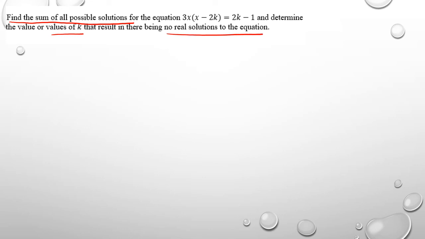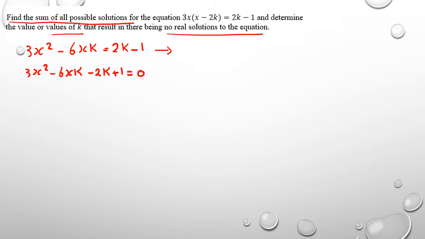Now the first one is finding the sum of all solutions, and obviously we'll have to expand first. So I've got 3x squared minus 6xk equal 2k minus 1. Rearrange because I've got a quadratic. So rearranging, I've got 3x squared minus 6xk minus 2k plus 1 equals 0.